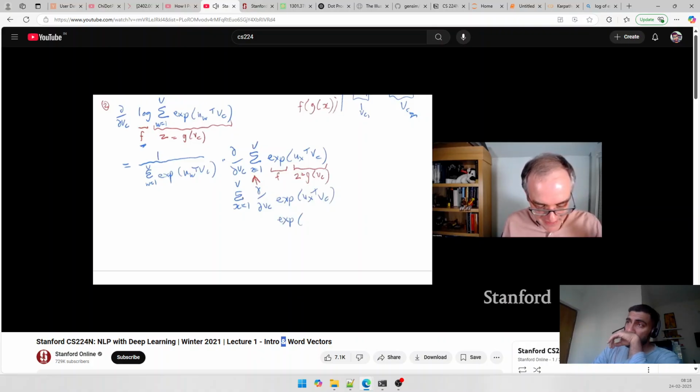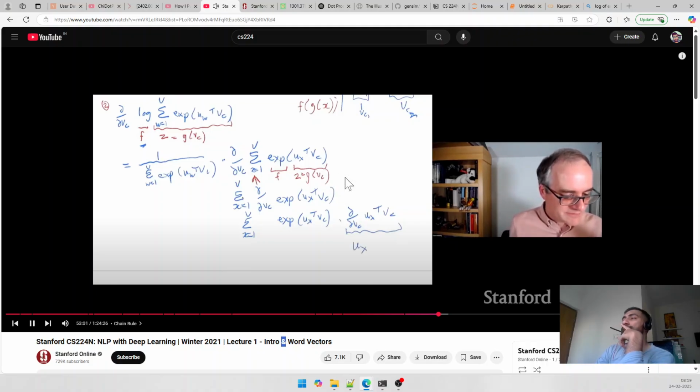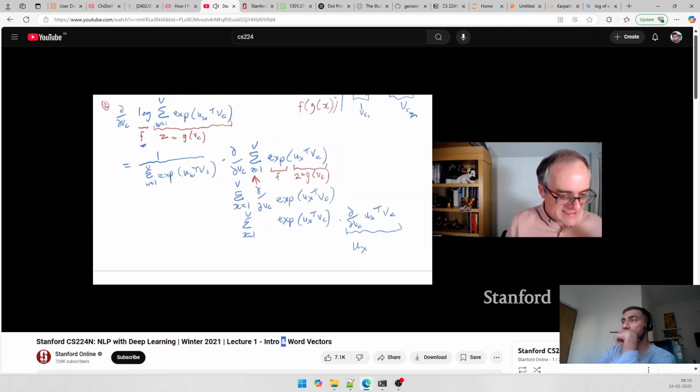So we're going to just have exp of uxTvc times the sum of x equals 1 to V, times the derivative of uxTvc. Okay, and this is what we'd worked out before. We can just rewrite it as ux. Okay, so we're now making progress.